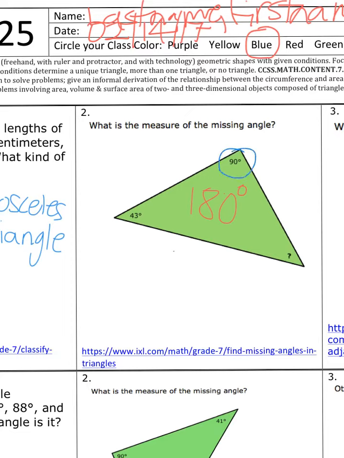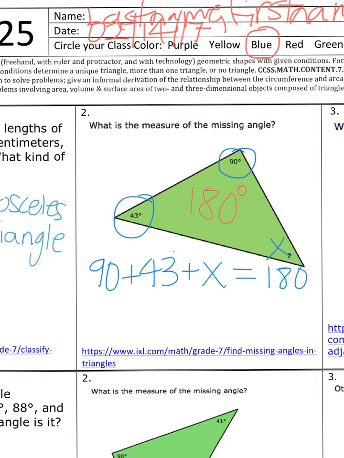So right now we have a 90-degree angle and a 43-degree angle. So you can do 90 plus 43 plus this missing angle we'll call x, and they all have to equal 180. You can combine these like terms. 90 plus 43 is 133 degrees, don't forget your degree sign, plus x equals 180.